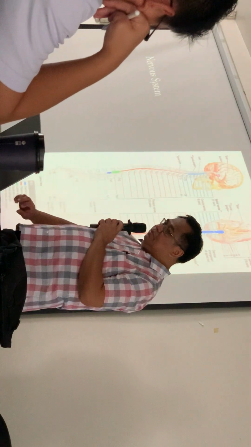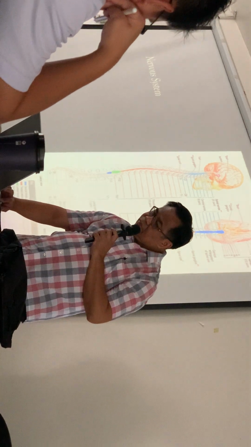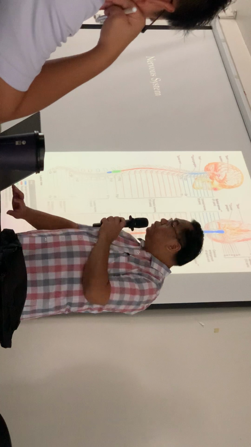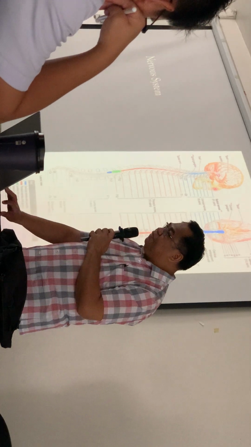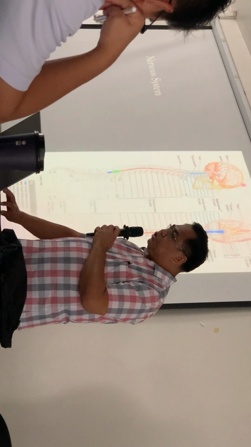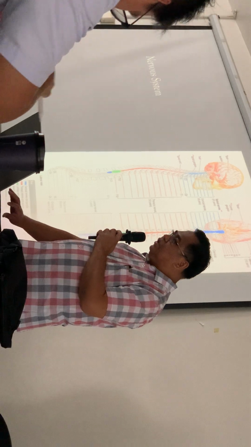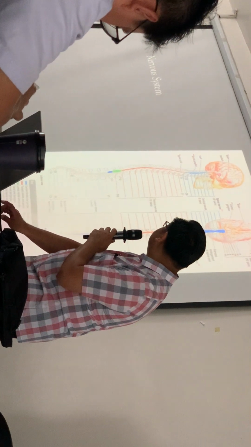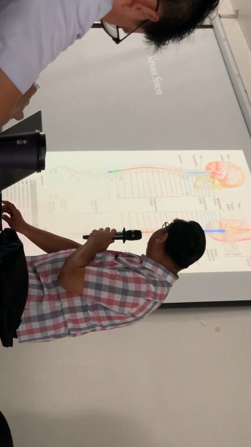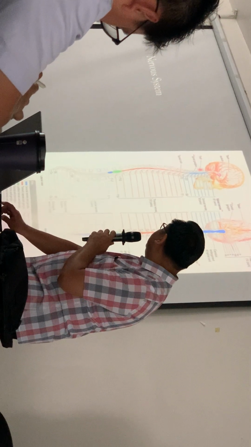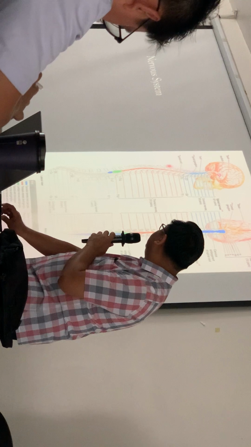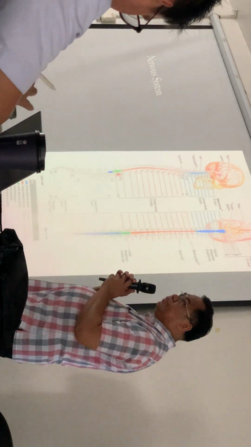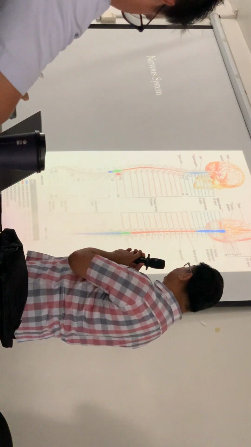Okay, so here we have a side view showing the brain inside the cranium. Okay, so that's the brain, and then connected to the brain is the spinal cord. So again, that's the central nervous system, the brain and spinal cord.